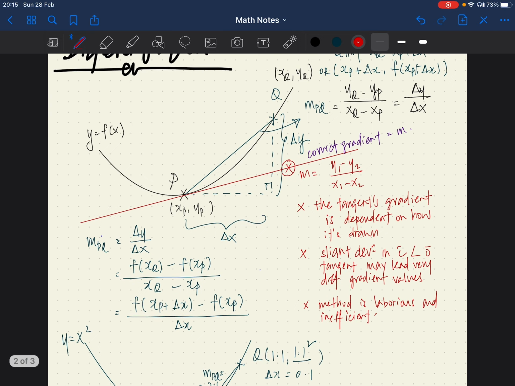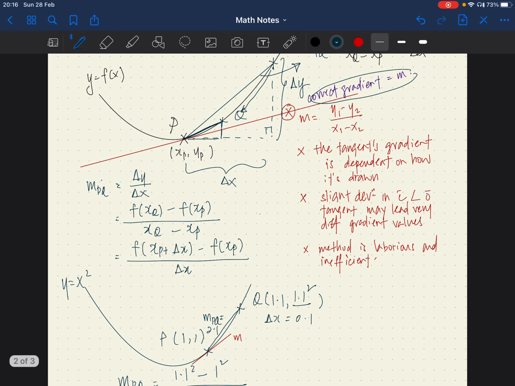If we shift Q towards P, downwards here, that means now I move Q here. Then my gradient triangle gets smaller and the gradient of PQ will now be much closer to the actual gradient M. Okay, so I repeat this part here.